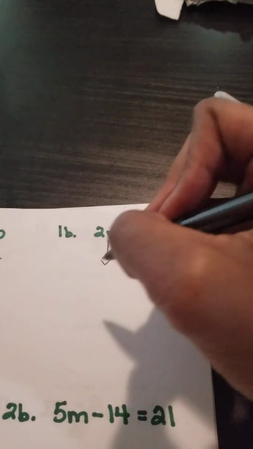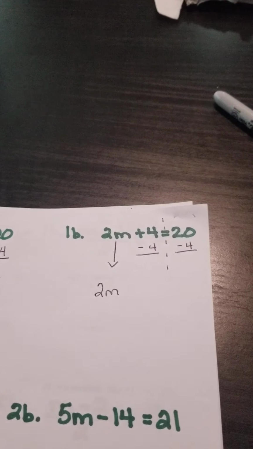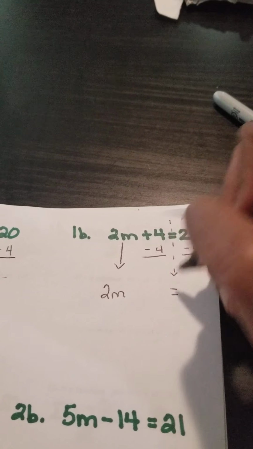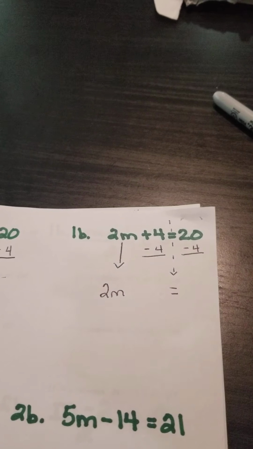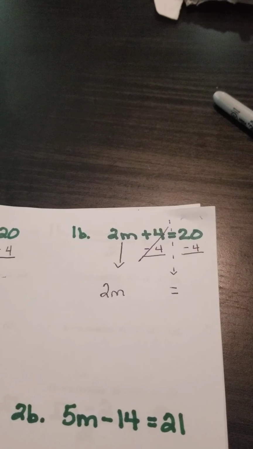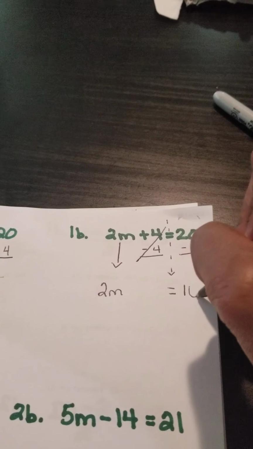We're bringing down this whole thing, so we're bringing down 2m. We're bringing down our equal sign. 4 minus 4 is 0. Let's get rid of that. We don't need it. Then we have 20 minus 4, which is 16.